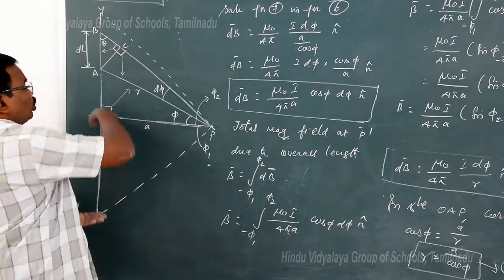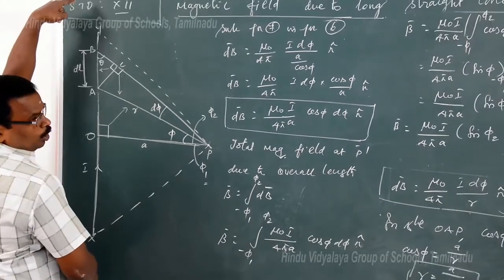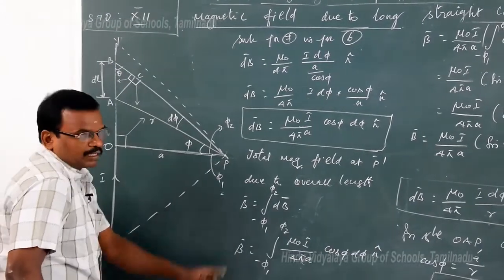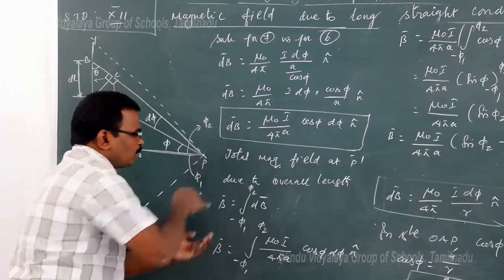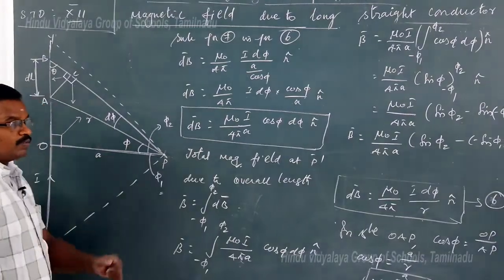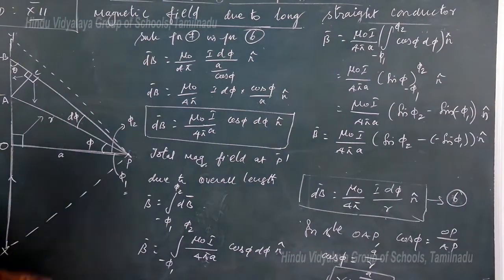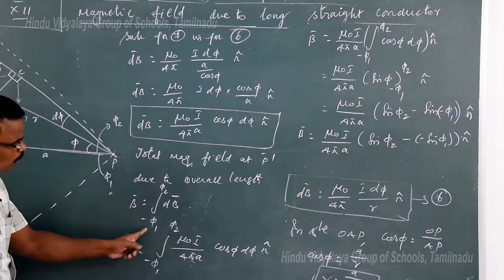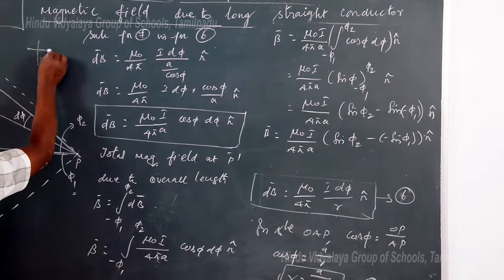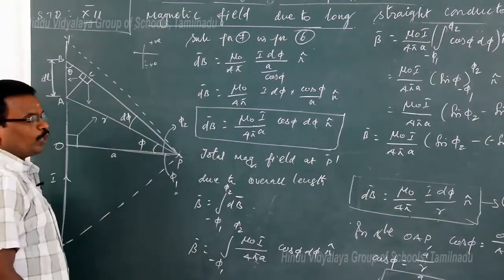When you want to find the total magnetic field at point P due to the overall length of the conductor, we must integrate dB. B vector is equal to the integral of dB vector, which is very important. Overall length means we must use limits, from minus phi 1 to plus phi 2, because on the axis one side is negative and the other side is positive.